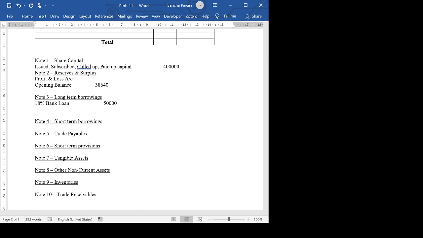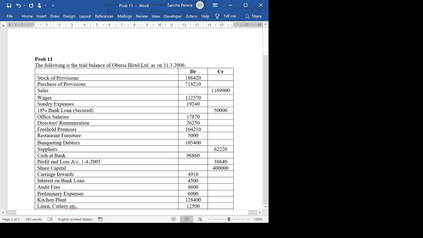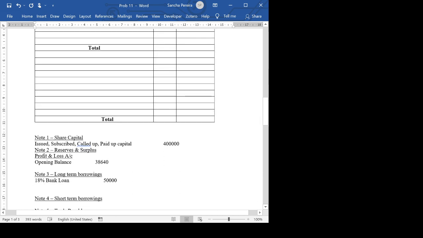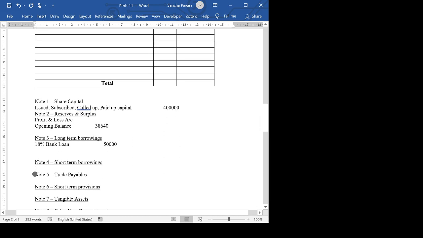Then we have short-term borrowings. There's nothing under this in this problem. We didn't come across anything under short-term borrowings, so we don't need that note. Then we have something under trade payables. That will become note 4 for us.